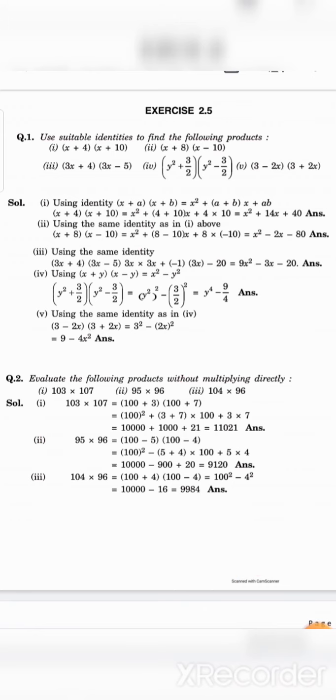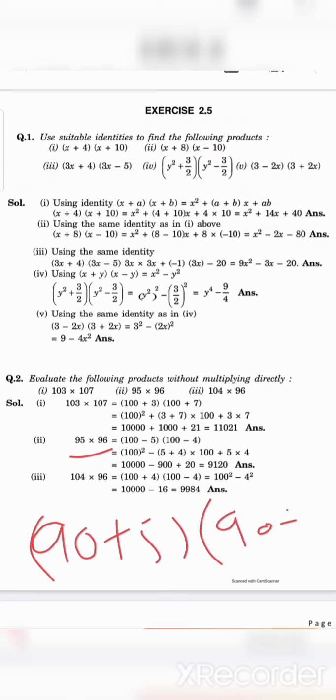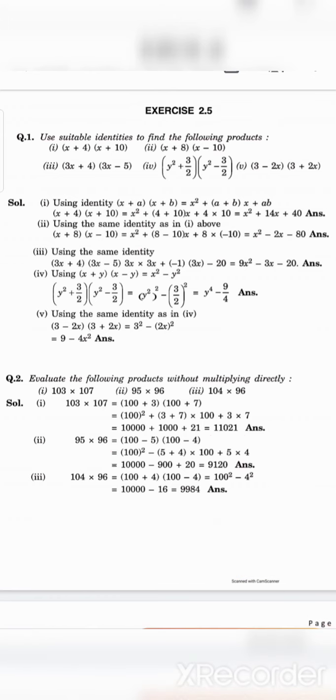Also, here if we want, by another splitting we can use 90 plus 5 and 90 plus 6. Here we use 100 minus 5 and 100 minus 4. If you want you can use this also to solve. We get the same answer with both methods. So here we use 100 minus 5 and 100 minus 4.